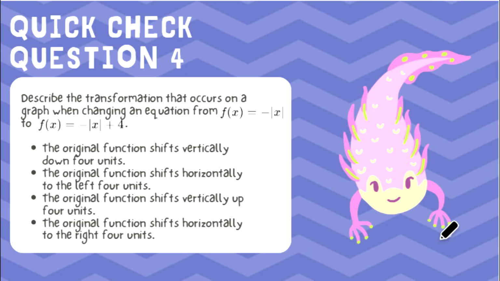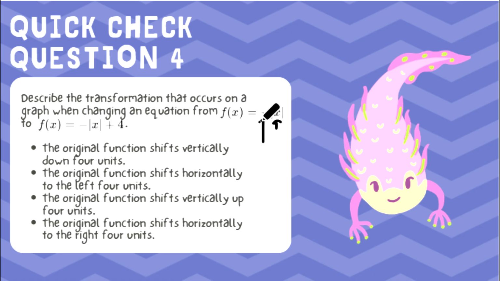Quick check question number 4. Wow, this one is scary. Describe the transformation that occurs on a graph when changing an equation from f of x equals negative absolute value of x to f of x equals negative absolute value of x plus 4. I will tell you this much because we haven't really dealt with absolute values yet. An absolute value means whatever the value of x is, it's going to be positive.